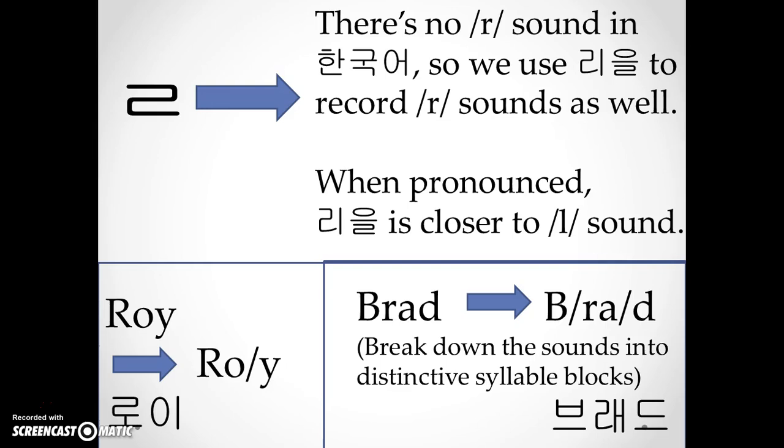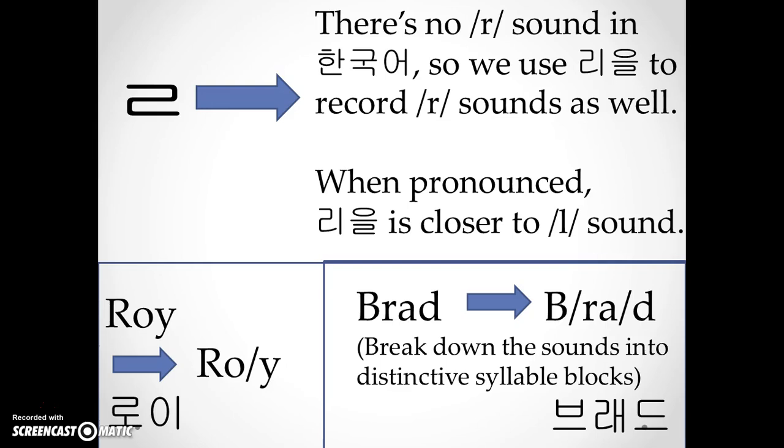Okay, so I have two names down here just to demonstrate how it works. Let's start with Brad. Brad in Korean will be pronounced as 브래드, and I'll tell you why. In order to write English names in Korean, guys, the first thing you need to do is break down the sounds into distinctive syllable blocks.